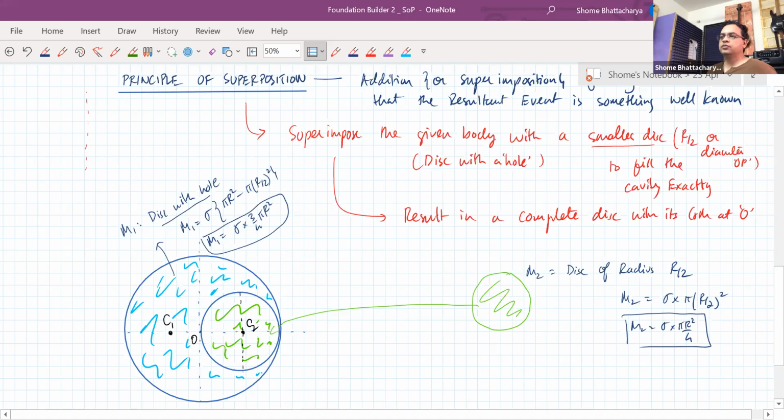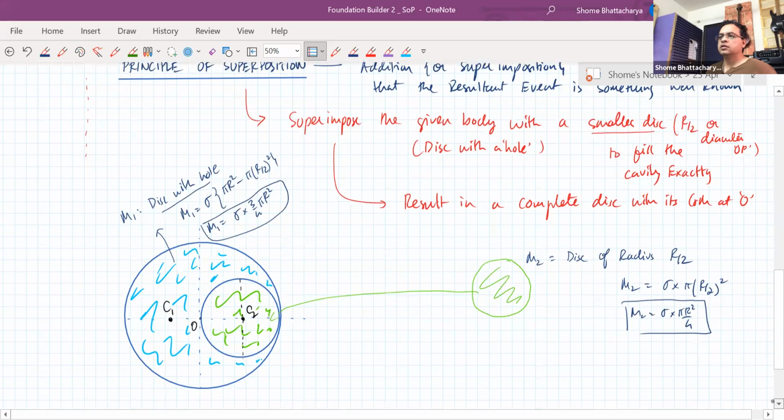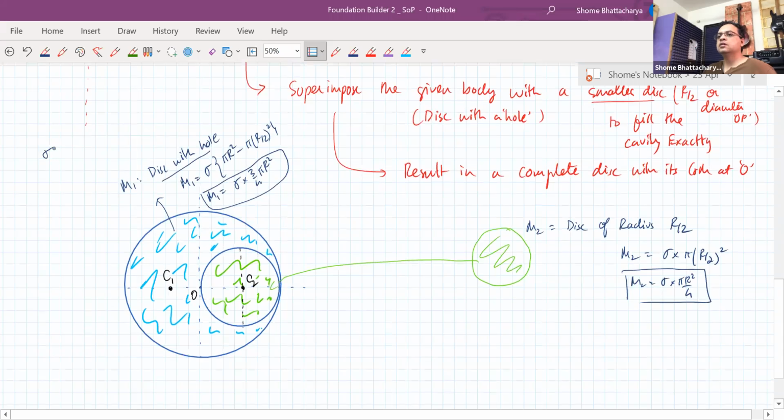Okay, this part is clear to all of you. Sigma is some uniform mass density, mass per unit area. Sigma is the surface mass density of the original disk from which I have cut out this hole.